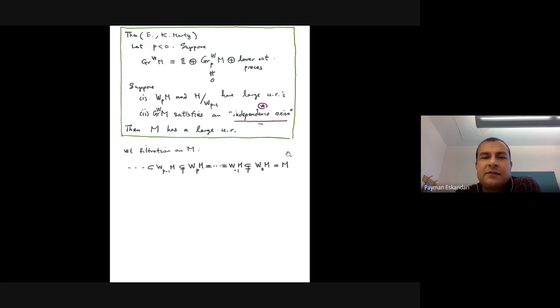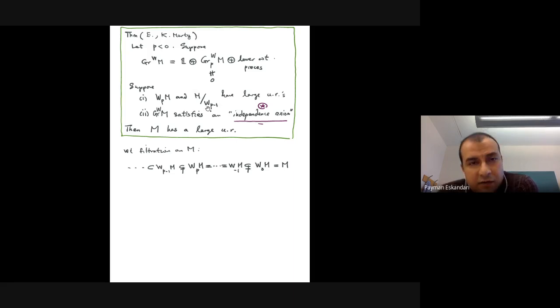So you're taking M and modding out by WP minus 1. This object here is an extension of 1 by gr P, so that's an object with two weights. Suppose both of these have large unipotent radicals.